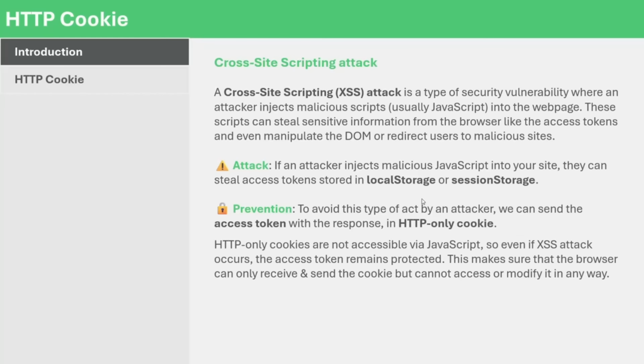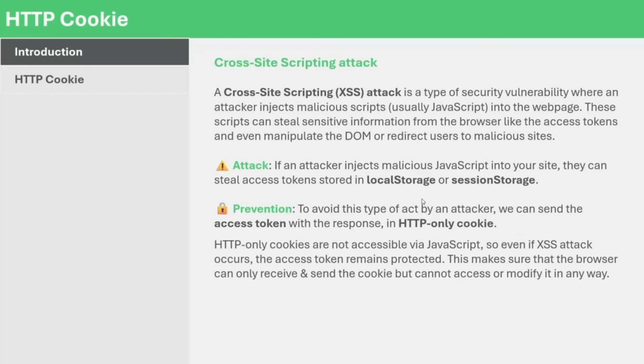So if an attacker injects malicious JavaScript into the web page, they can steal access tokens stored in local storage or session storage. So if the browser is storing the logged in user's access token in local storage, it can be read by the attacker and used for getting access to the application.